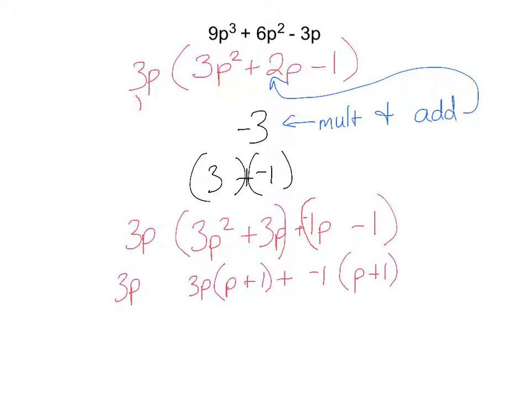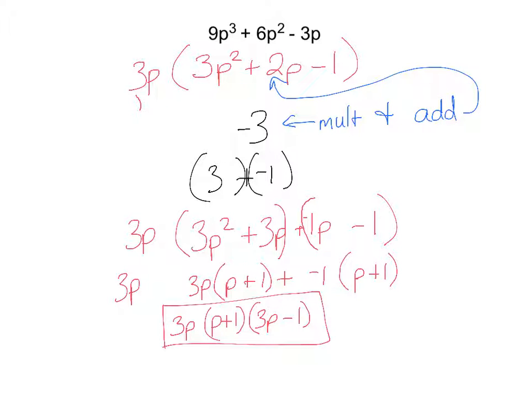The parentheses set match, so I'm good to go. I'm going to write my p plus 1. As I factor it out of each term, I have a 3p minus 1. But don't forget, this 3p that we factored out has to be in the final answer. So often people miss this because they forget to put that GCF back in at the final step. Keep it in there. That's part of your answer.